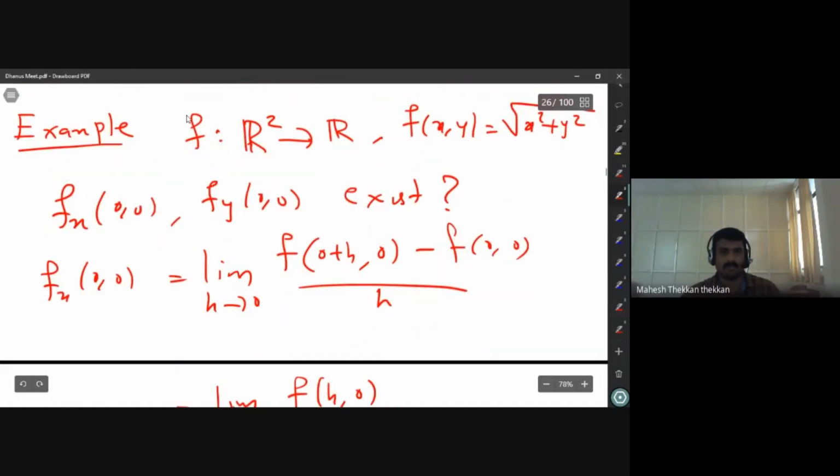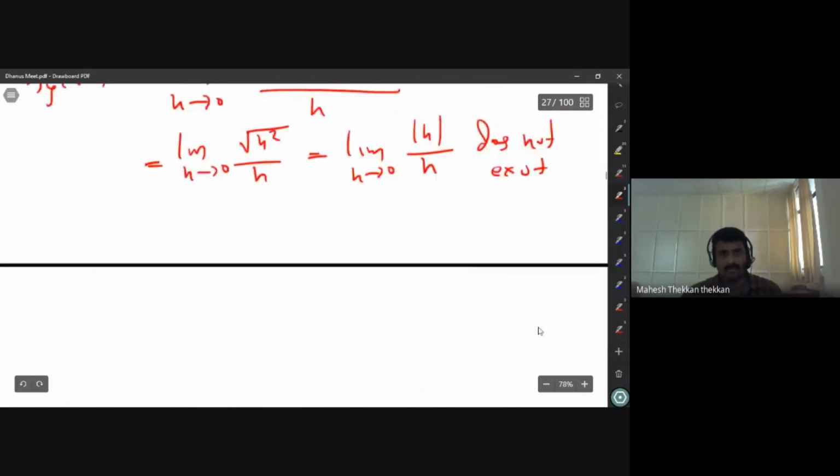So what you have observed from this example is that we have a function f of x, y. Both the partial derivatives at 0, 0 do not exist. But what you can say about this function is that it is a very nice function. It is a continuous function, right? This function is continuous, but even if it is continuous, the partial derivatives need not exist. You can write it as a note.